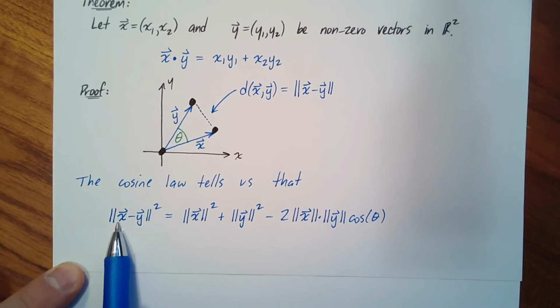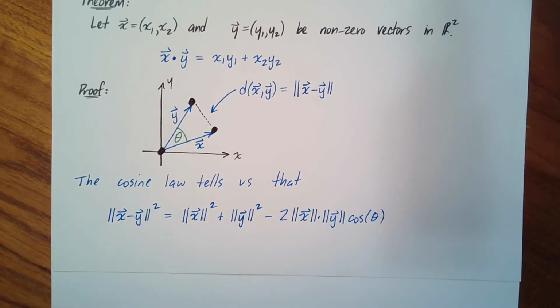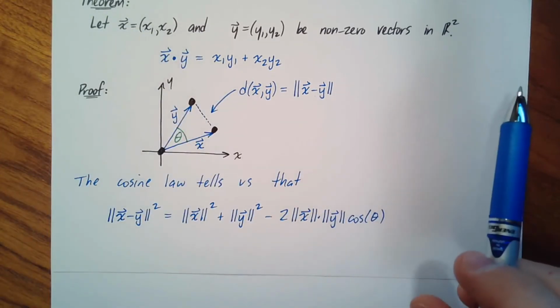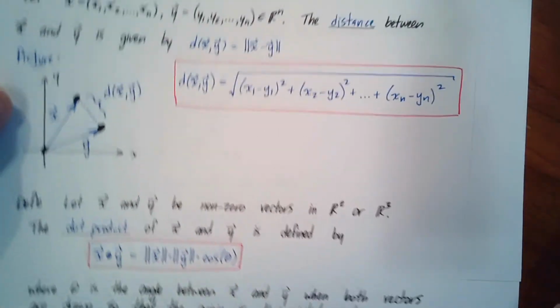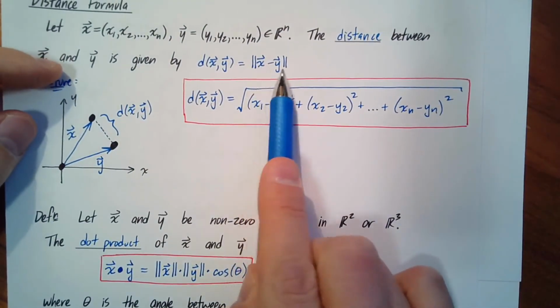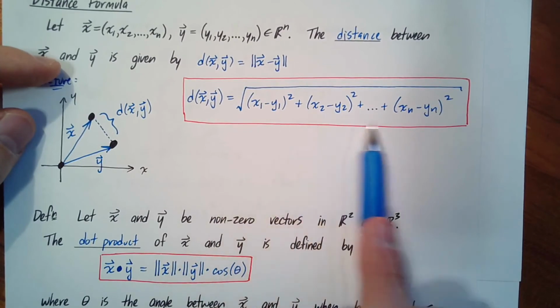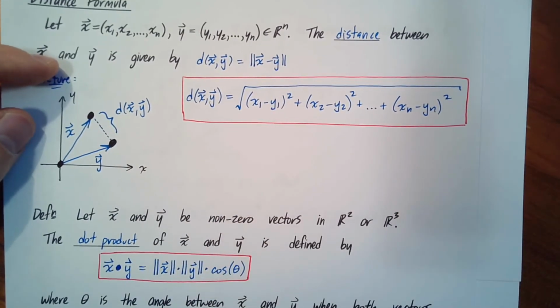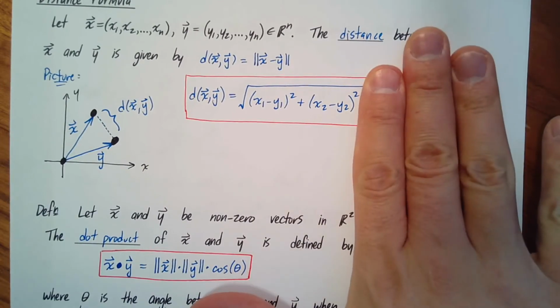So the norm of x minus y, let's just look at that in detail. We've already got it written down up here. Remember the formula? The length of x minus y is just given by this formula in general. This is for Rn, but we're in R2, so we're just going to chop that off and use this.